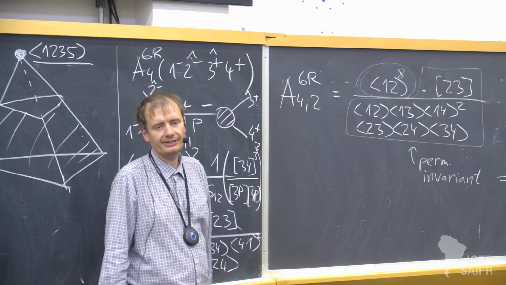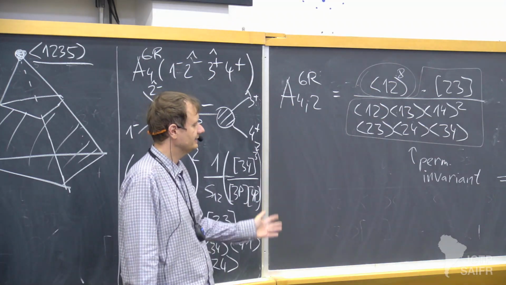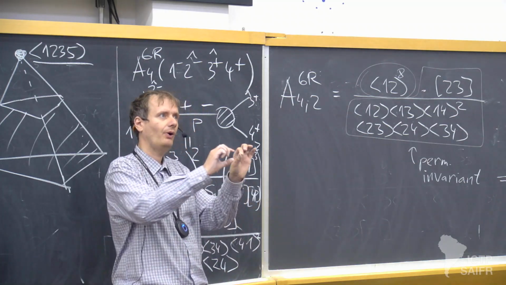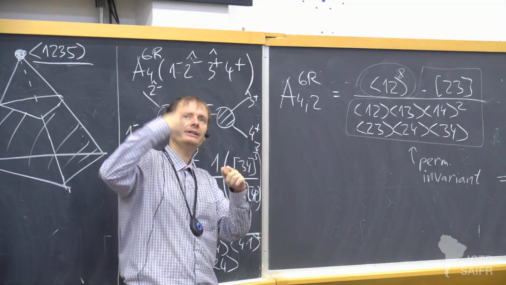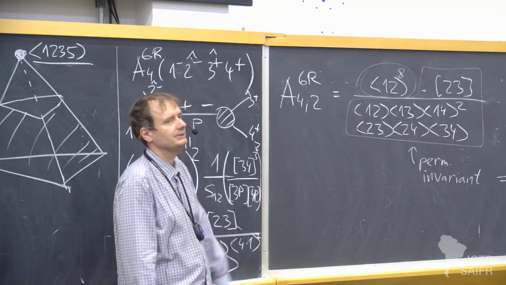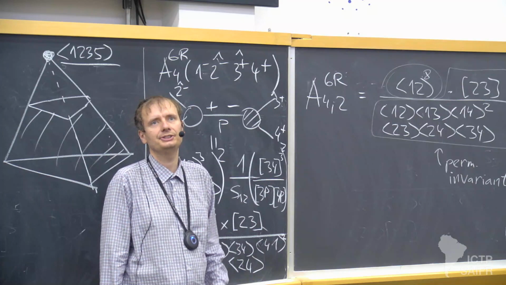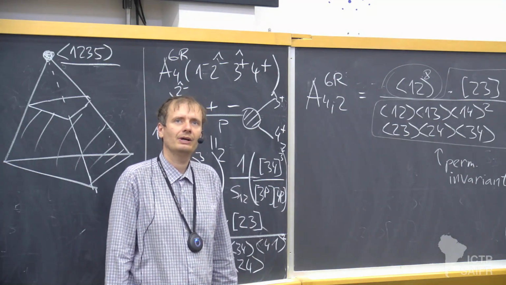The Parke-Taylor factor nicely exhibited the cyclic symmetry of the amplitude. You had this chain ⟨1 2⟩⟨2 3⟩⟨3 4⟩ up to ⟨N 1⟩. You can cycle it and you get the same thing. But for the gravity amplitude, it's a different story. There is no cyclic symmetry. There is even stronger permutation symmetry, but you cannot make it manifest in any kinematical formula.